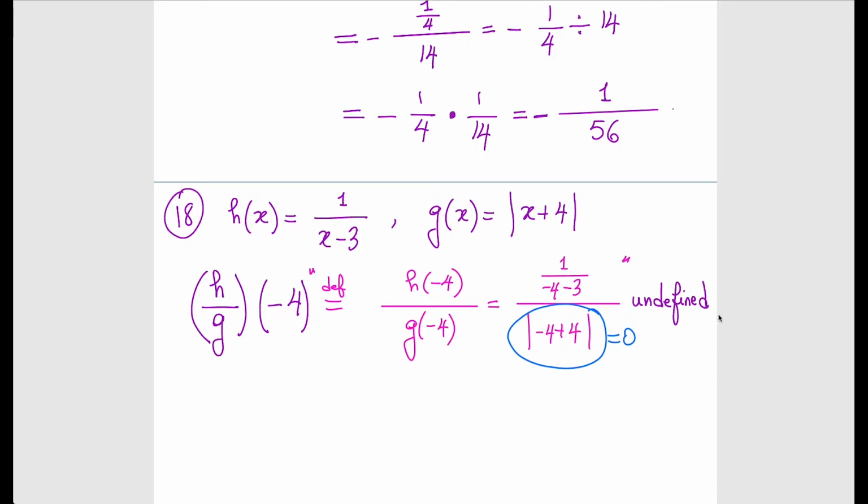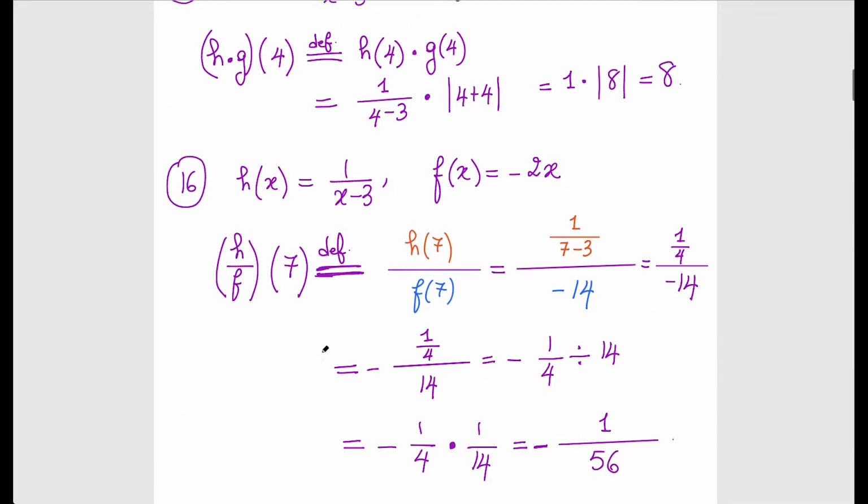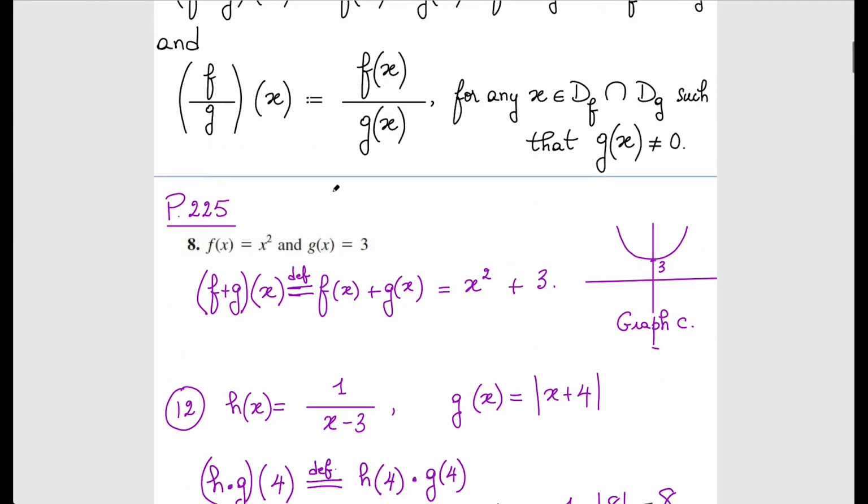So this is undefined, and the reason it's undefined is because negative 4 is not in the domain of h over g. Remember what the domain of h over g is? The domain of a quotient function. This quotient function accepts inputs. Where do those inputs live?